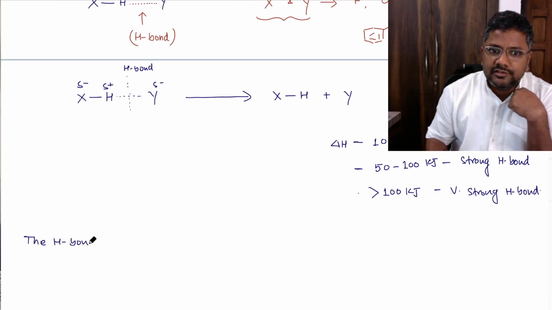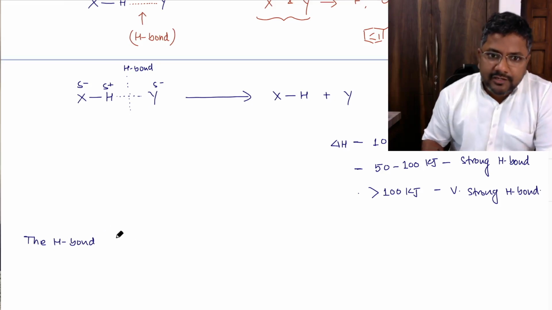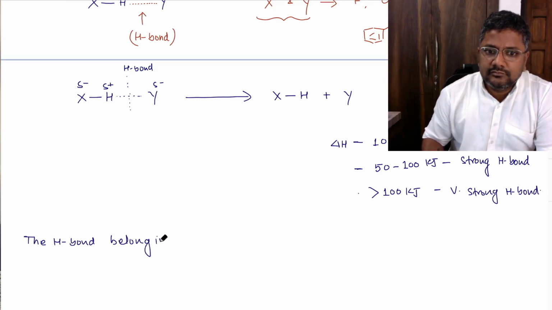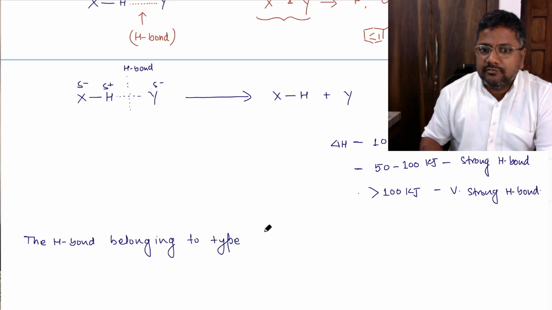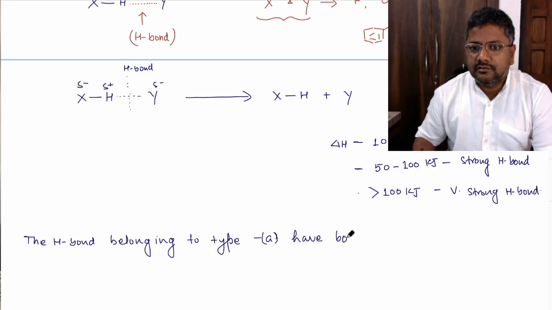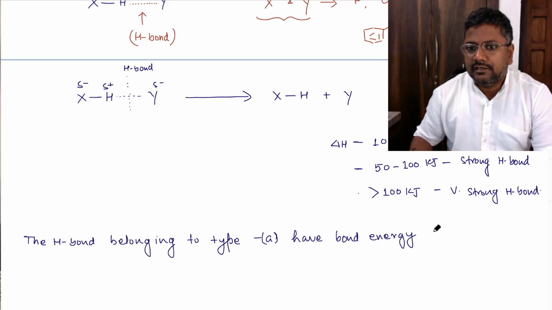So the hydrogen bonds belonging to type A have bond energy greater than 100 kilojoule per mole, right?